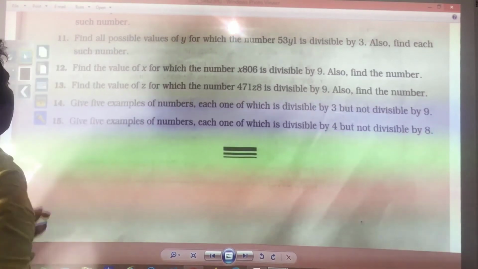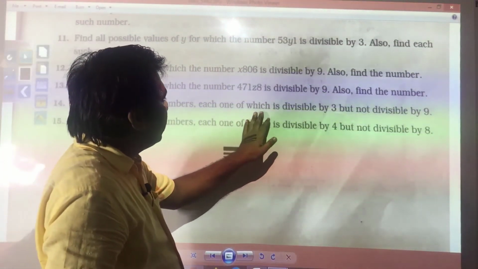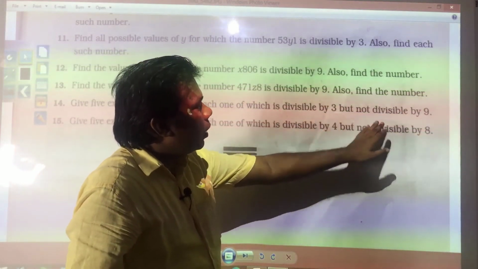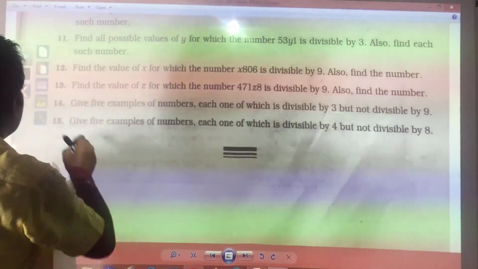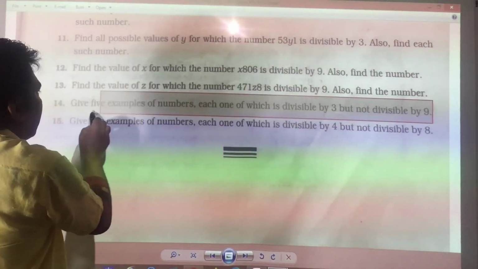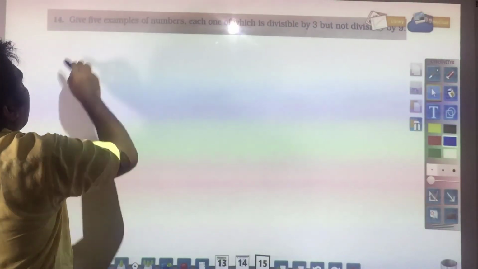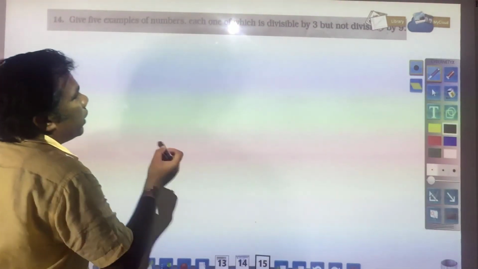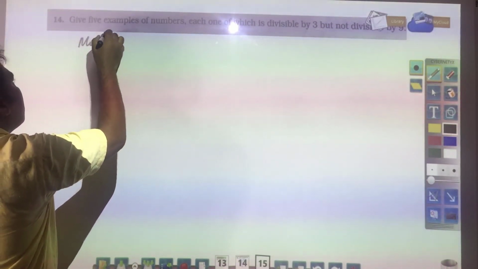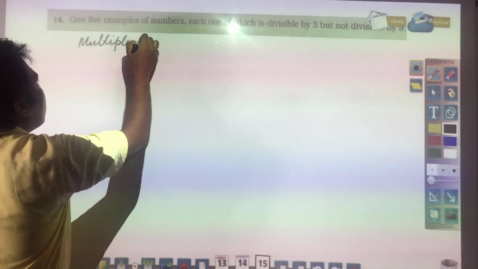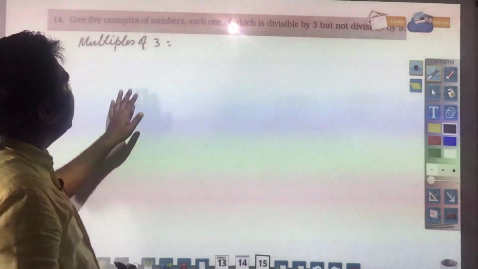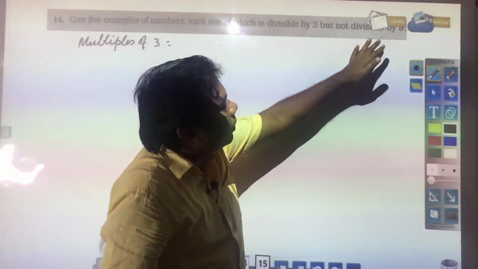Next you see, give 5 examples of numbers each one of which is divisible by 3 but not divisible by 9. So easy question it is. Here you need to write down the multiples of 3 and multiples of 9. So your multiples of 3 that are common should be divisible by 9.